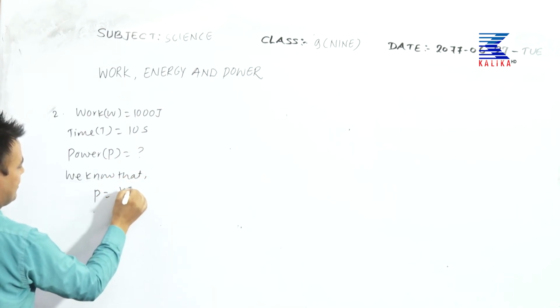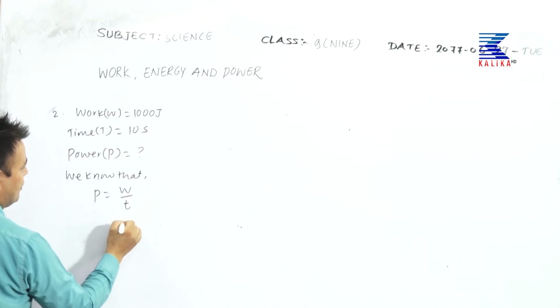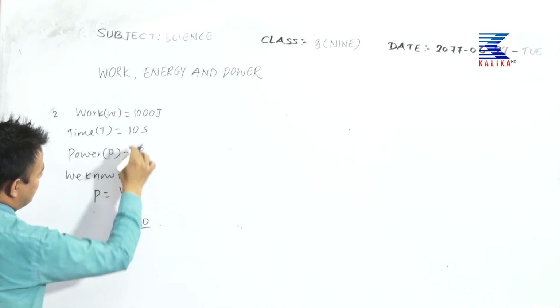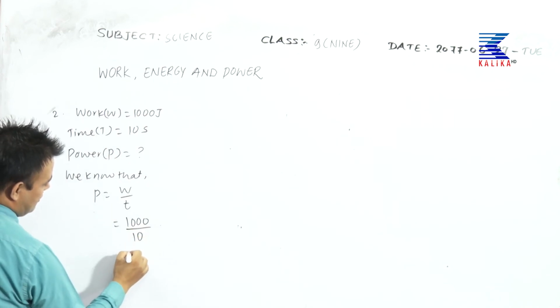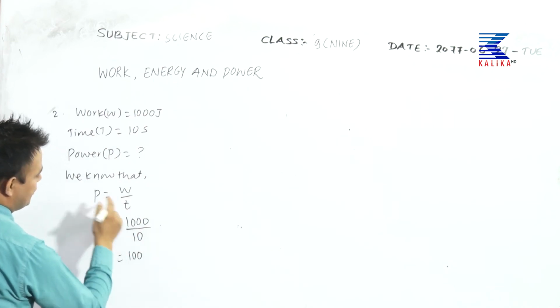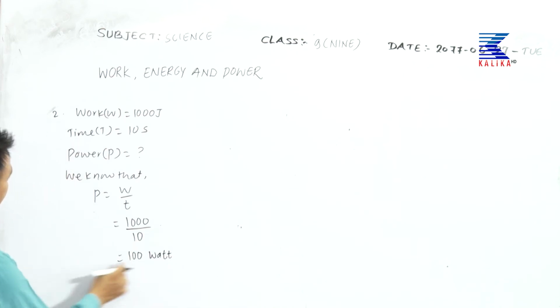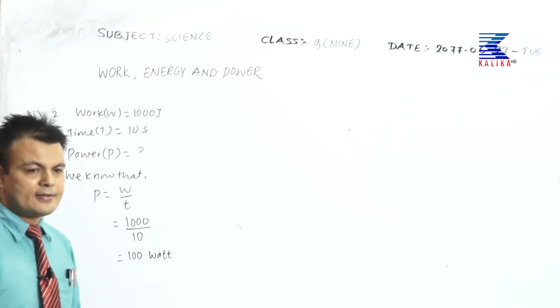P equal to W upon T, 1000 upon 10, which is 100. The unit of power is joule per second or watt. Hence, the machine has got the power 100 watt. So this is the answer.